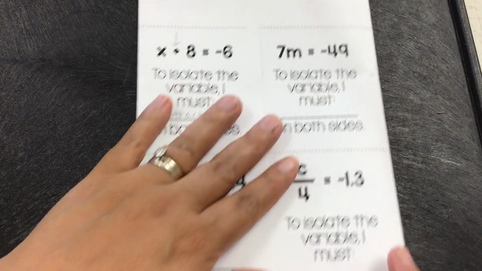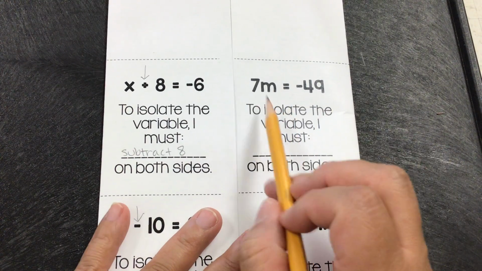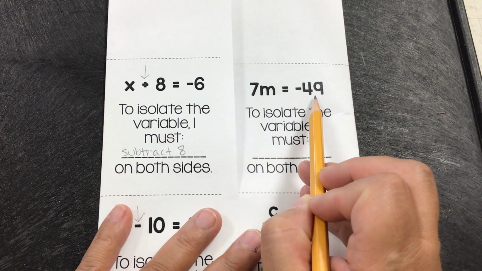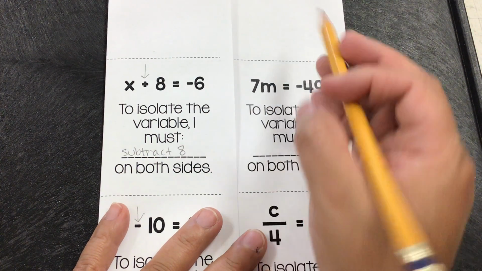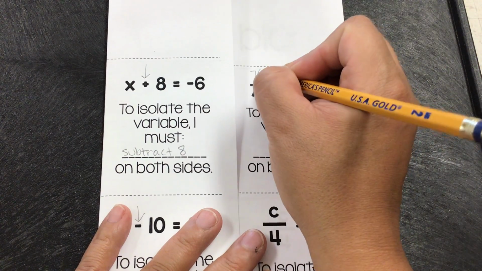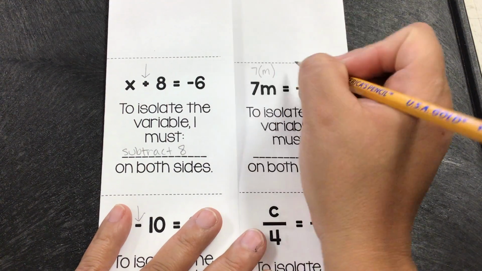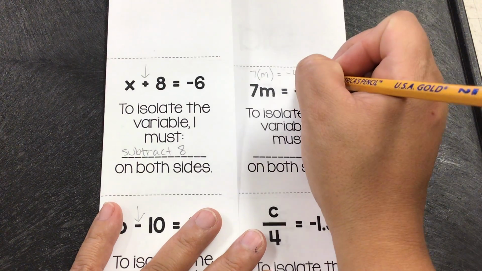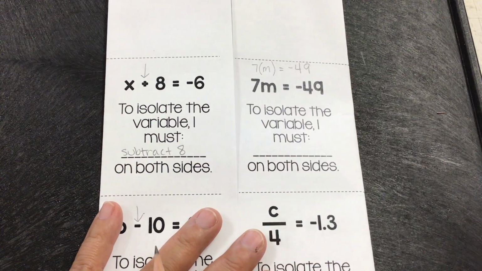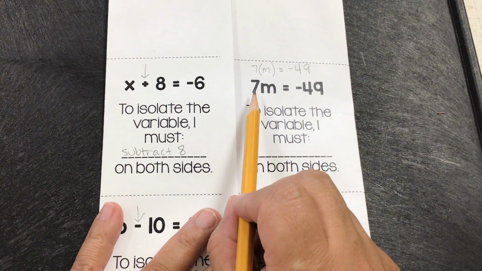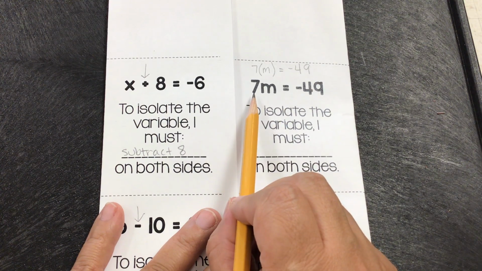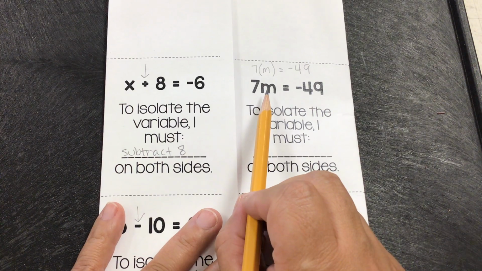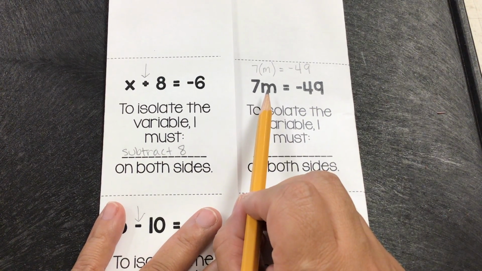Close it back up. On here, what we have is 7m is equal to negative 49. Remember, this was multiplication. I talked to you before about writing it this way, that it means multiplication, but we don't have to write the parentheses. We should understand that seeing the number next to the letter means multiplication without being told, without it having a sign.